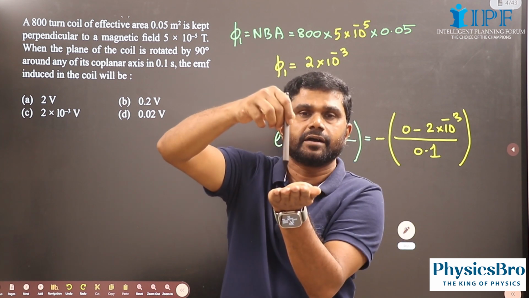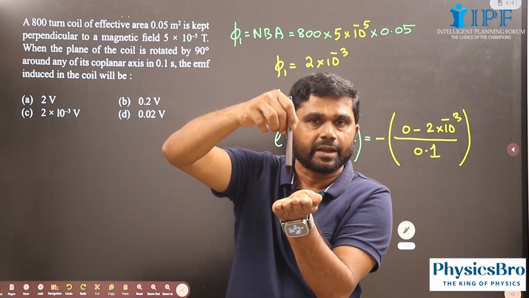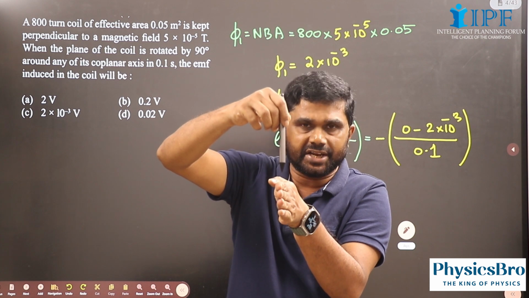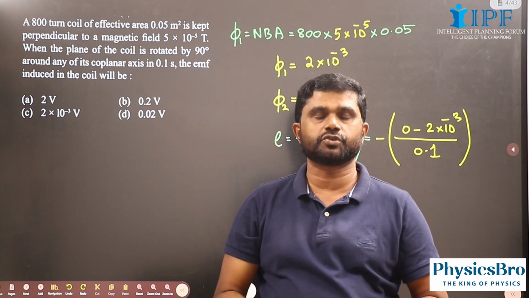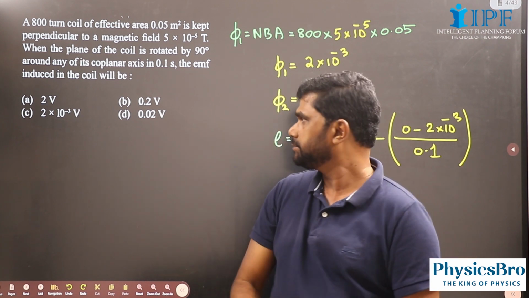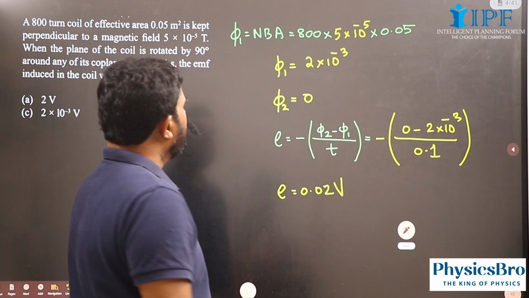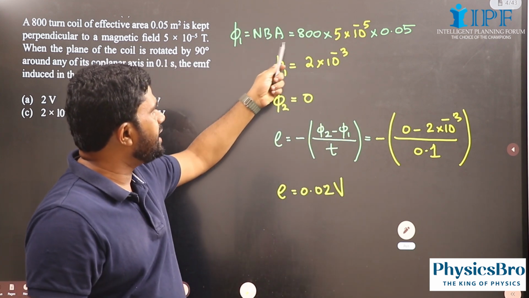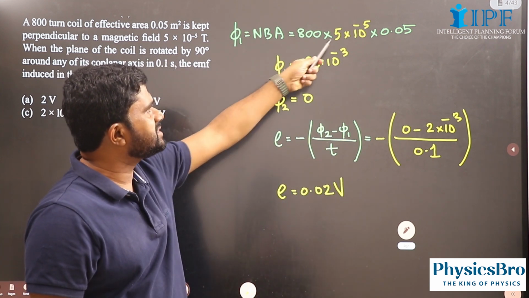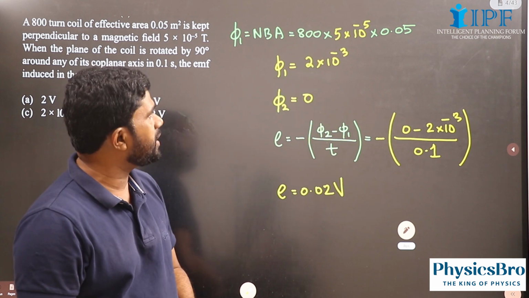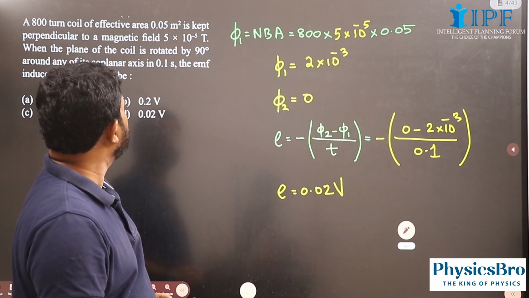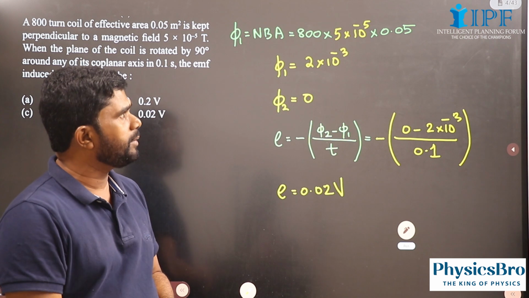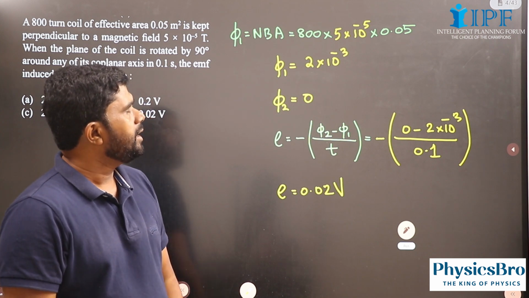So initially magnetic flux is B into A. When it is turned through an angle 90 degrees, magnetic flux is 0. So final flux is 0. Okay. Now let's see. Phi 1 equals NBA, number of turns 800, magnetic flux density is 5 into 10 raised to minus 5 and area is 0.05 meter square. Okay.